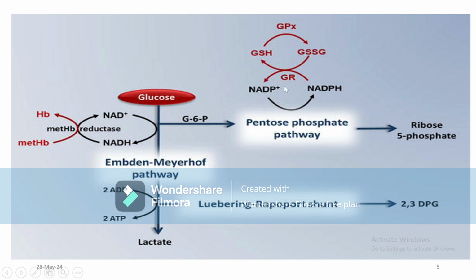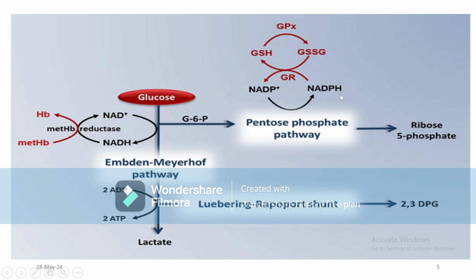The NADP, when it is in the circulation, is inactive. So it is the function of this enzyme called G6PD to activate it. And so this G6PD enzyme will activate NADP to NADPH. So the bottom line is, in the presence of G6PD enzyme, NADP will be activated to NADPH.